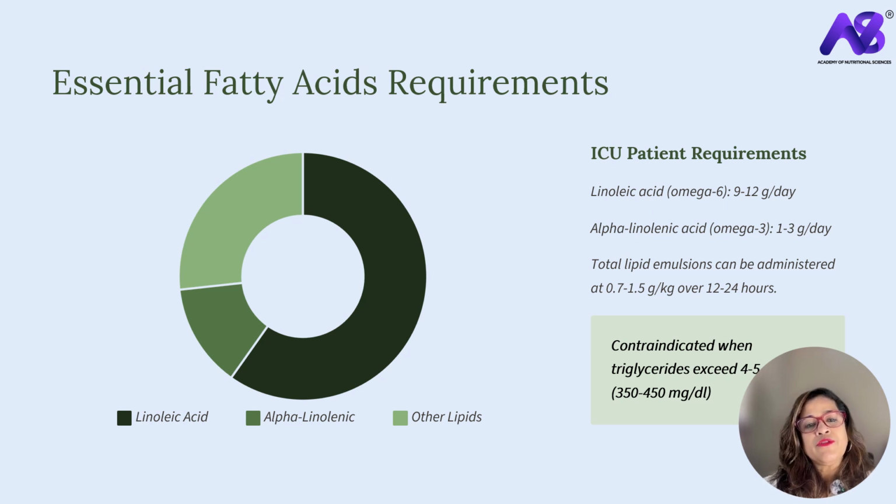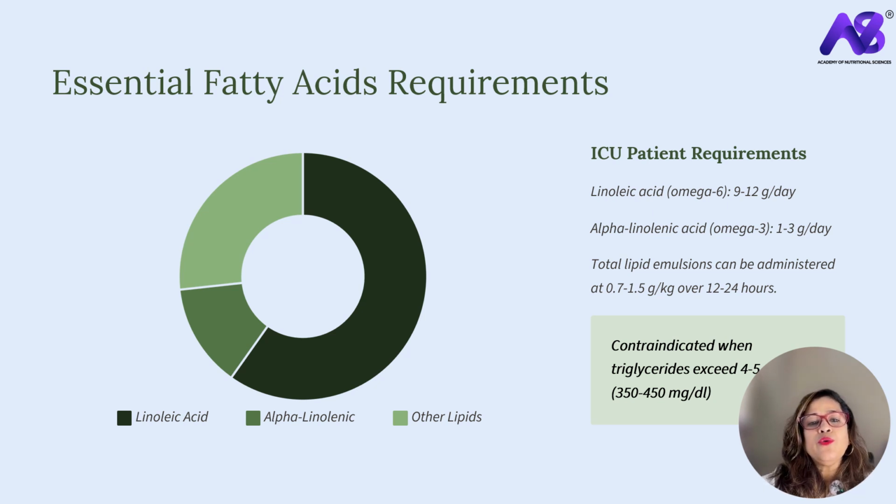So what is the safety threshold? The lipid emulsions are contraindicated when you have very high triglycerides, that is greater than 4 to 5 millimoles, or if you say in mg per deciliter, it is 350 to 450 mg per deciliter. Now, if the triglycerides are moderately elevated, the lipid dose should be reduced also.